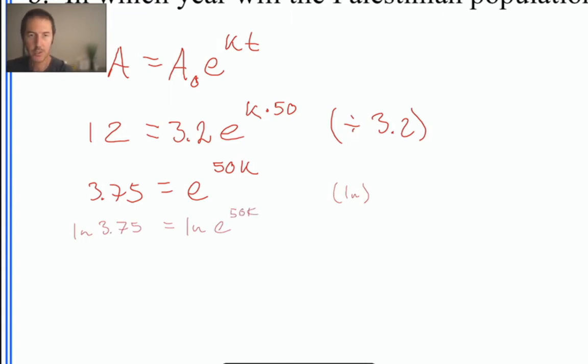And as I mentioned in the previous video where we were talking about exponential and logarithmic equations, the next thing I'm going to do here is to allow the natural log and the e to basically cancel each other out. Really, the 50k is coming out front and appearing as a coefficient, and then the natural log of e is equal to 1, so it's 50k times 1, which is 50k.